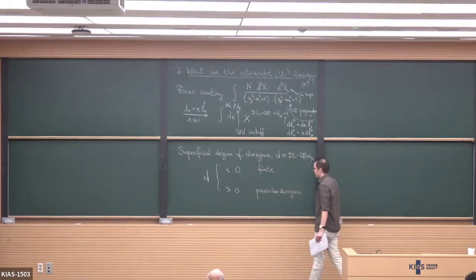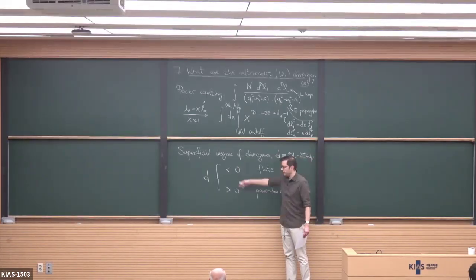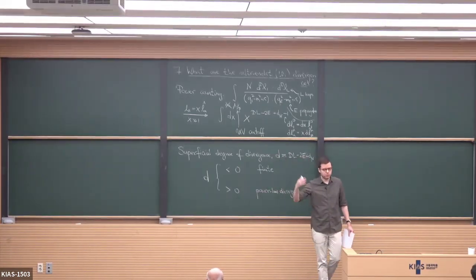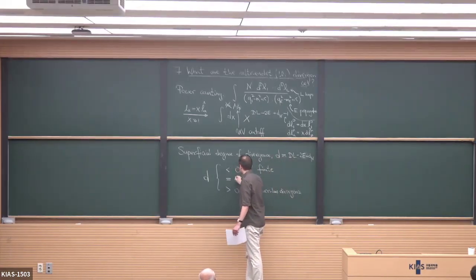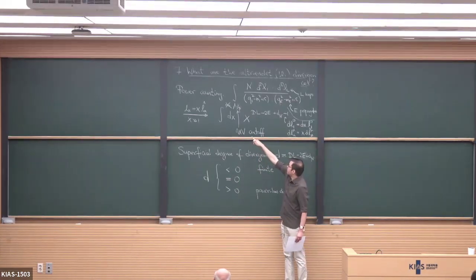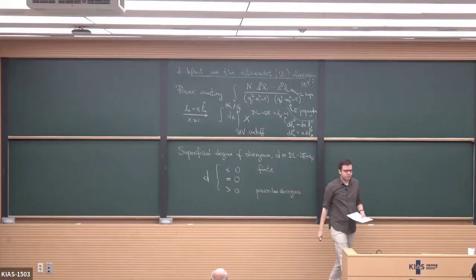In fact, we call it a power law divergence. Okay, and as you can tell, I left the gap in the middle. There's going to be a marginal case, and the marginal case will be when d is equal to 0. This means that this integral goes like dx over x, and that's a logarithmic divergence.